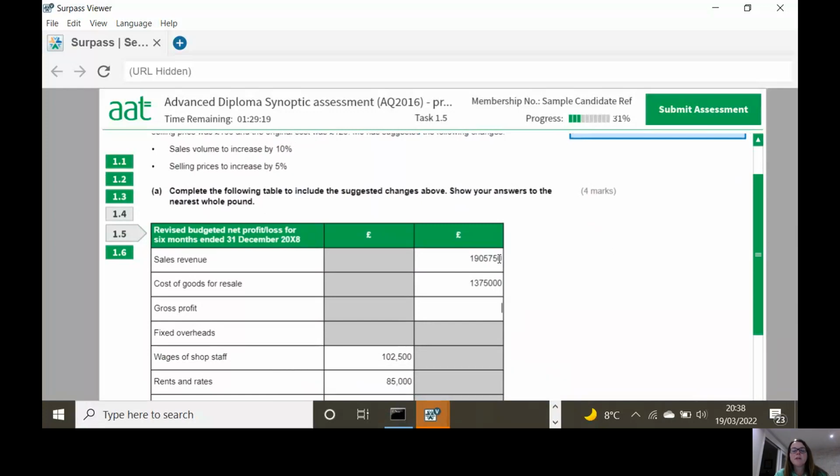Gross profit, therefore, is just the sales take away the cost of sales. So that gives me 530,750.